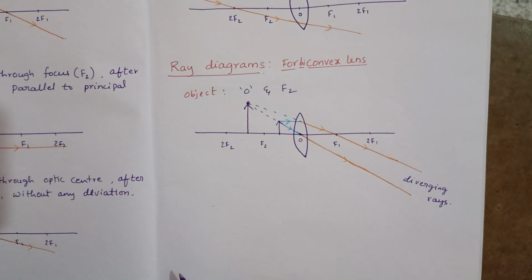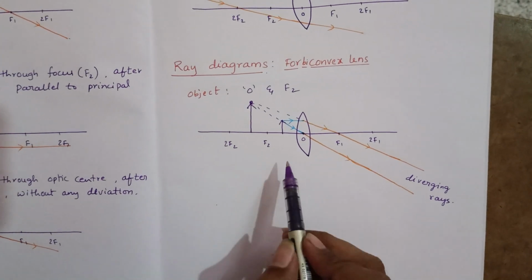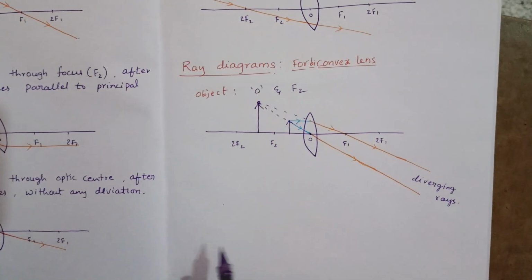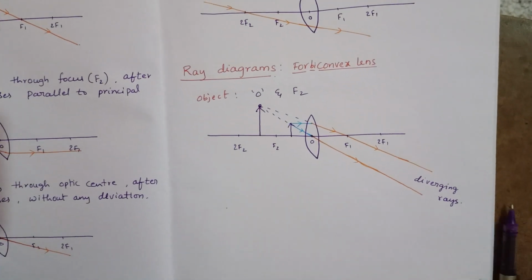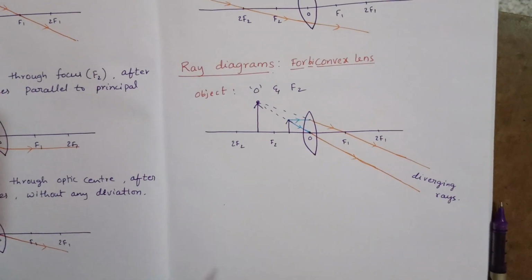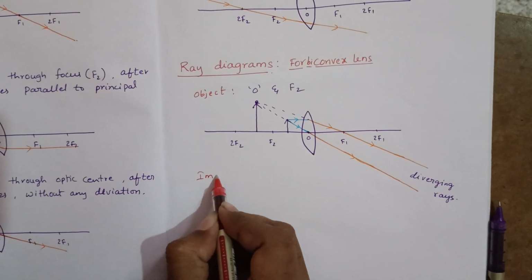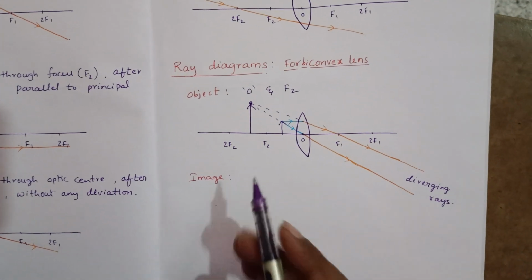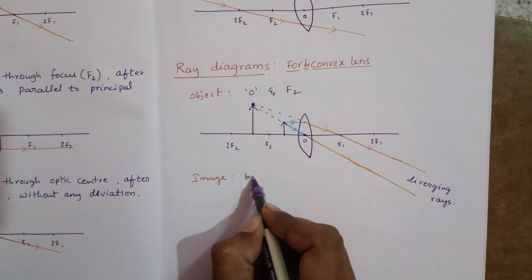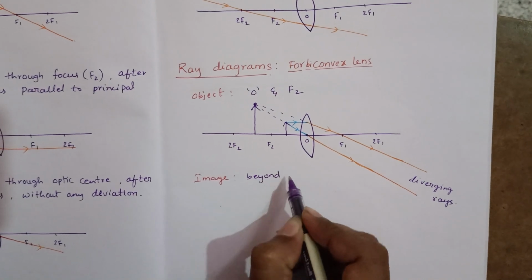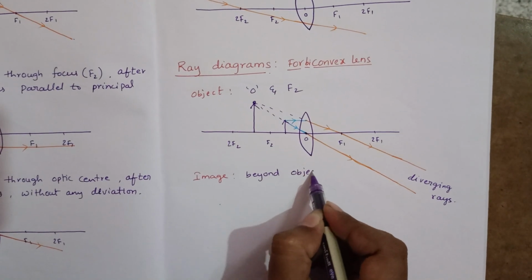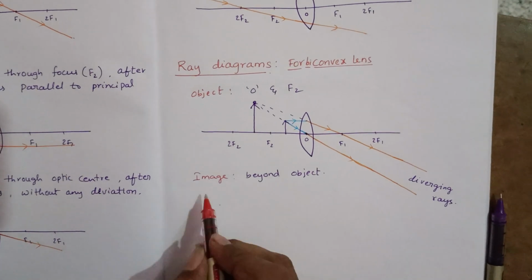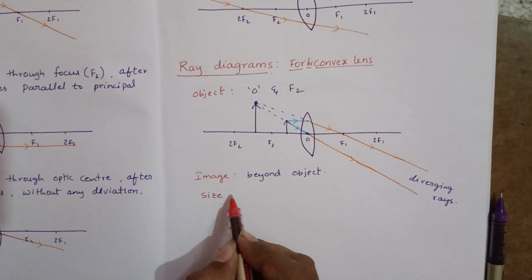When an object is placed between optic center and focus, the image is formed beyond the object, and the size of the image is magnified or enlarged.